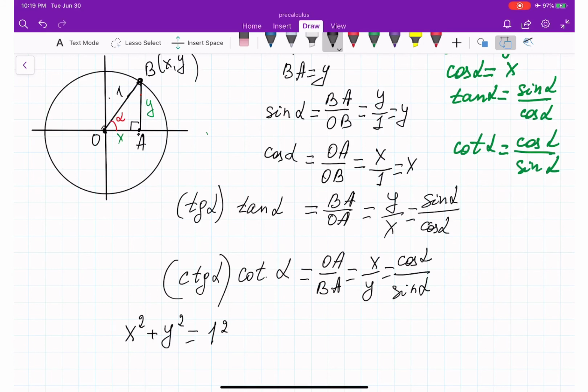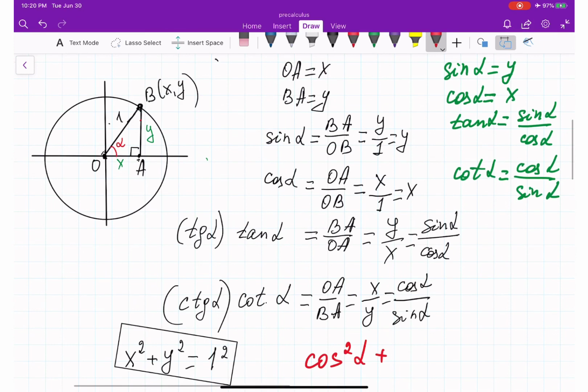And hypotenuse is a side that's lying against the right angle. So this is a formula for Pythagorean theorem. What I can do from here, instead of x, replace cosine alpha, and because I have x squared, it's going to be cosine squared alpha, plus, instead of y, I'm going to take sine alpha, and because we have y squared, I put sine squared alpha.